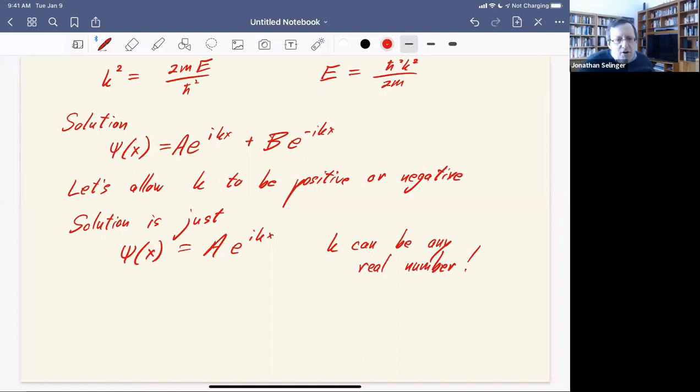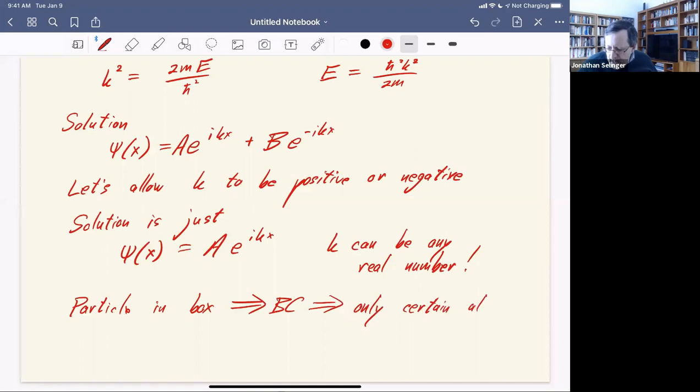For the particle in a box, there were only certain allowed values of k. For a particle in a box, there are boundary conditions, and because of the boundary conditions, there are only certain allowed values of k.